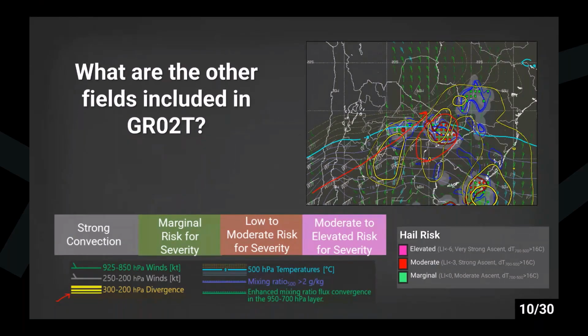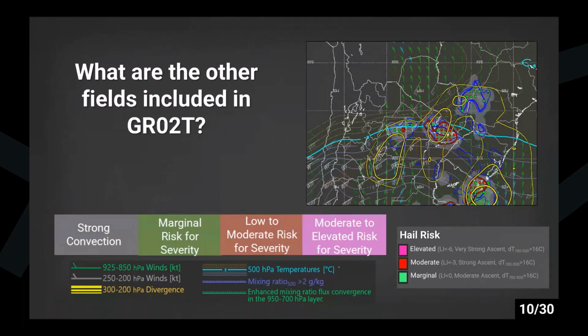So in this case, I am believing the model when it plots these yellow contours because I expect upper divergence in this region. Wherever you have enhanced upper divergence, that will favor your ascent in the column. So now we have another thing that is helping us to conclude that that region where the algorithm is forecasting hail could be correct.